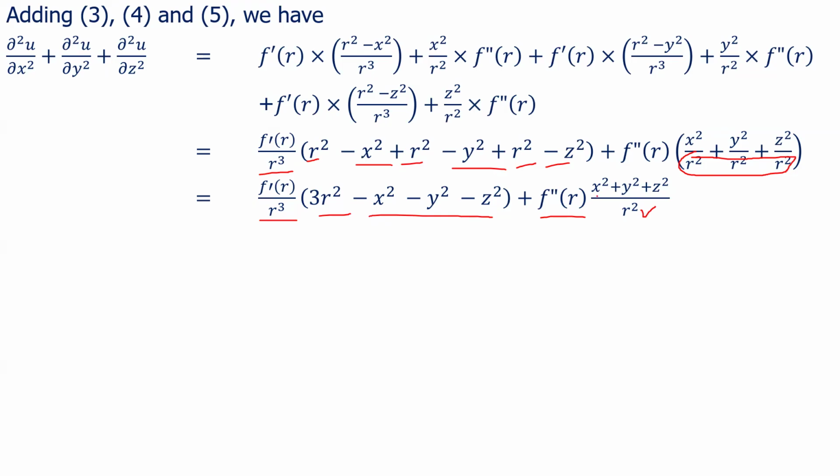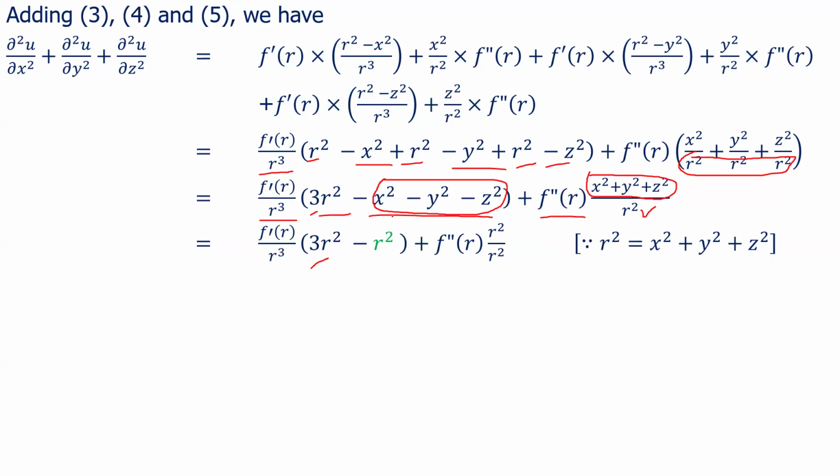But again, we know what is the value of x square plus y square plus z square? It is nothing but r square. Similarly here, x square plus y square plus z square is again r square. So we can write f dash of r upon r cube, 3r square minus r square plus f double dash of r square upon r square, because r square equals x square plus y square plus z square.